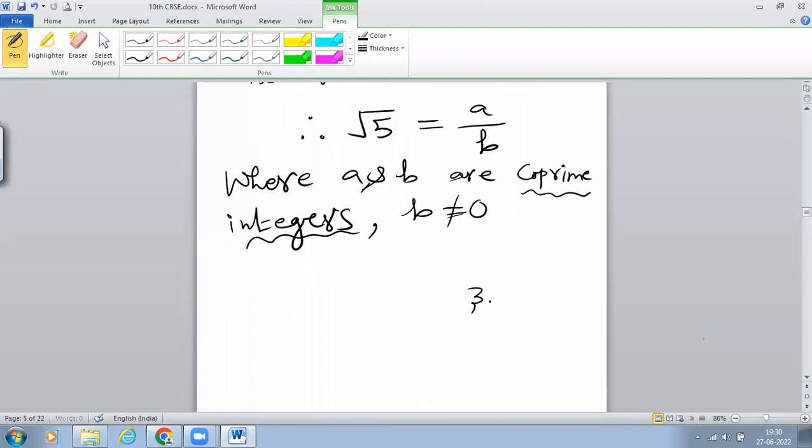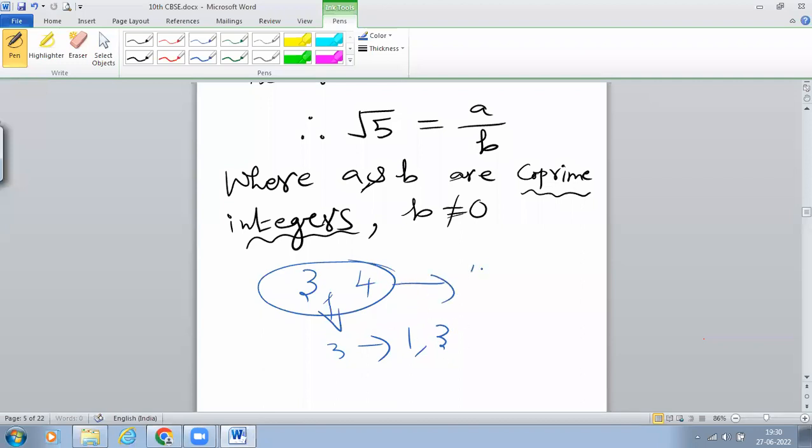For example, I'm taking 3. This is rough work; whatever I'm writing in black, you have to write for this sum. For 3, the next number is 4, right? Any two successive numbers are always co-prime. The factors of 3 are 1 and 3, because 3 is exactly divisible by 1 and 3.